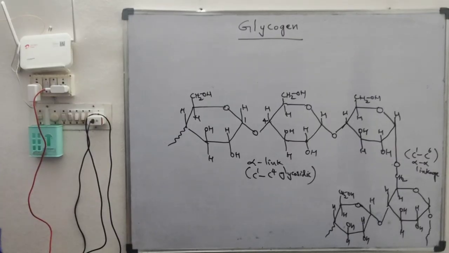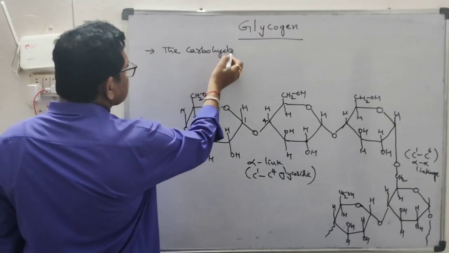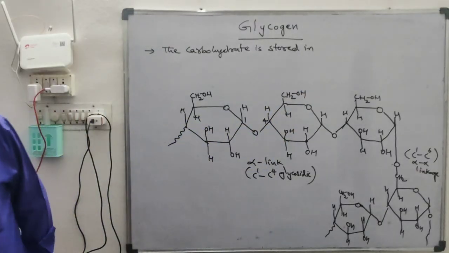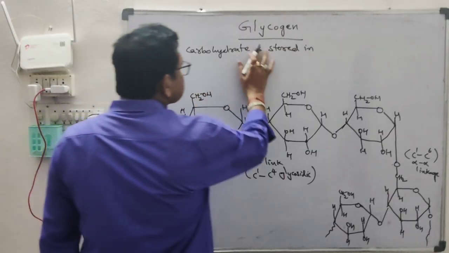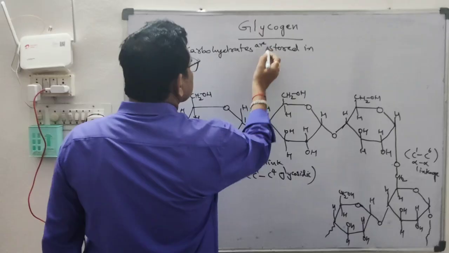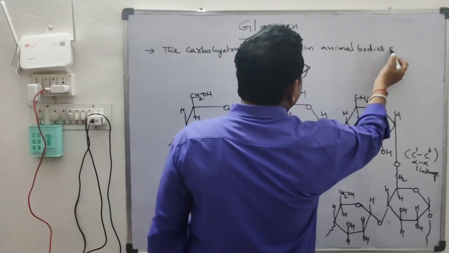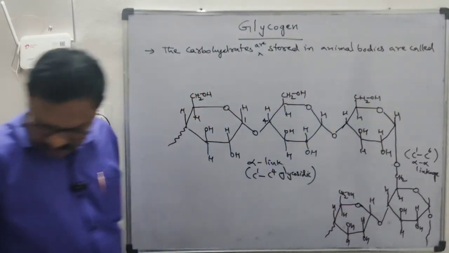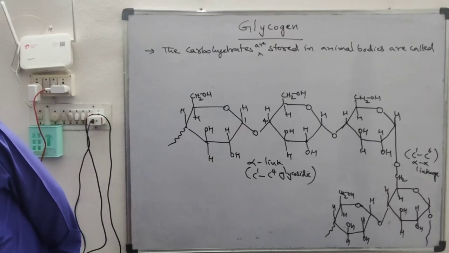The carbohydrates stored in the animal body are called glycogen.